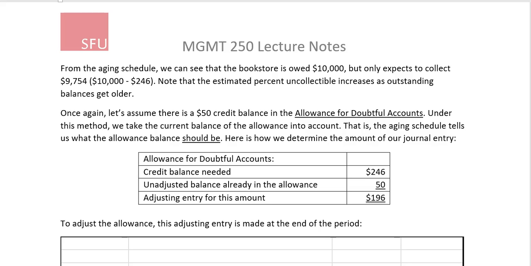Once again, let's assume there's $50 in the AFDA. Under this method, we take the current balance of the allowance into account. That is, the aging schedule tells us what the allowance balance should be. Here's how we determine the amount of a journal entry. So this aging method told us that we needed 246. We already have 50, so we can take that off. So we need an adjusting entry of 196.